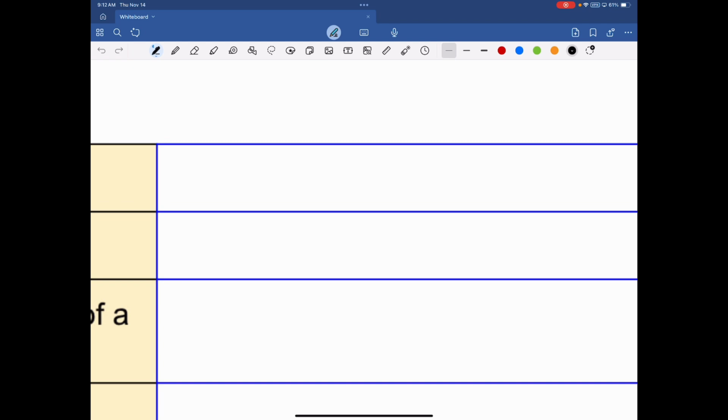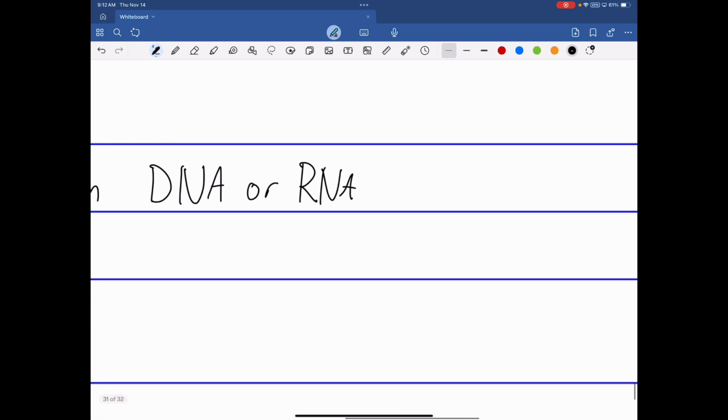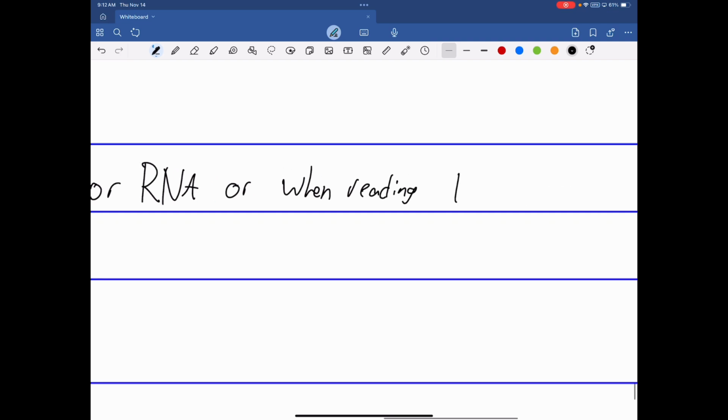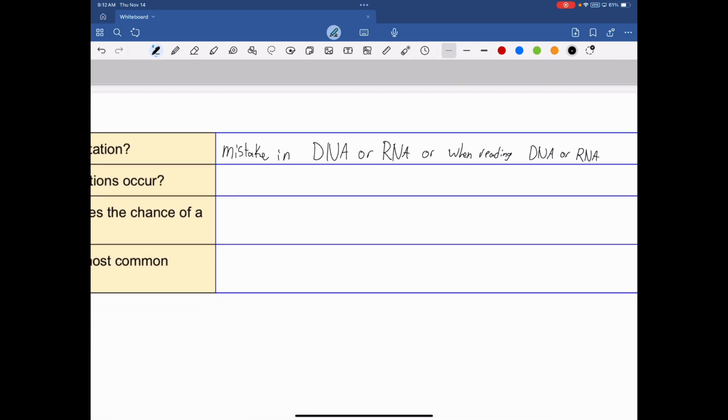Changing of DNA. Yeah, it's a change or mistake. Okay. In DNA or RNA or when reading DNA or RNA. Okay? So it's a mistake in DNA or RNA or when reading DNA or RNA.